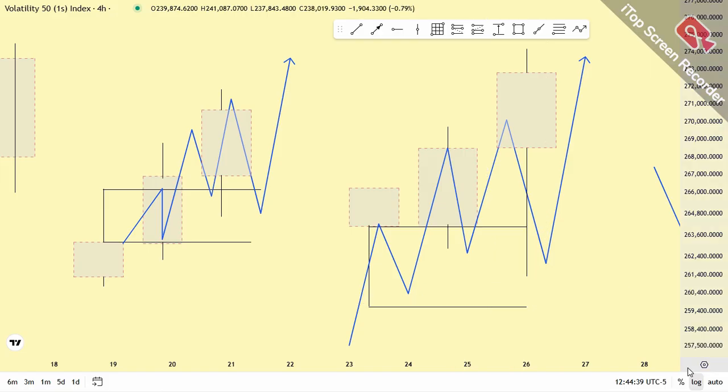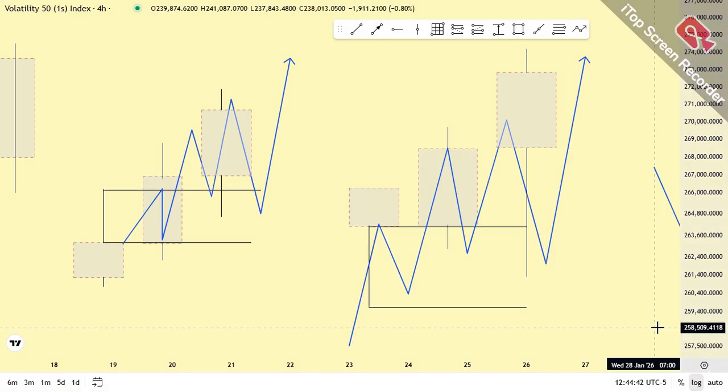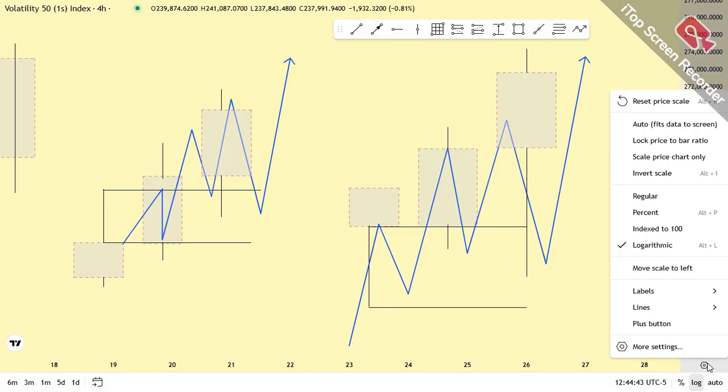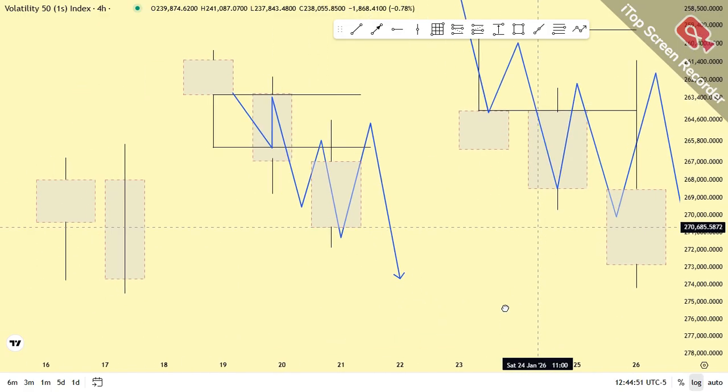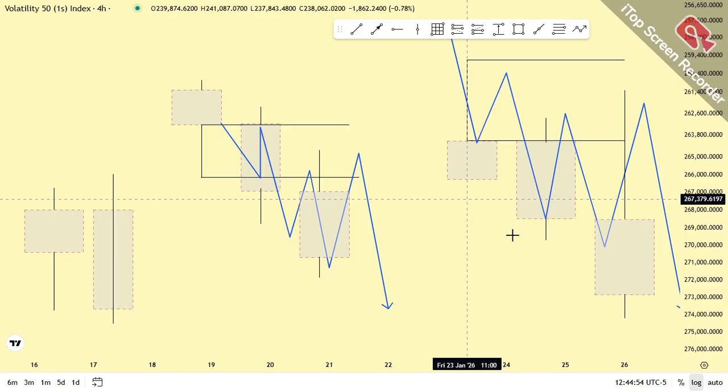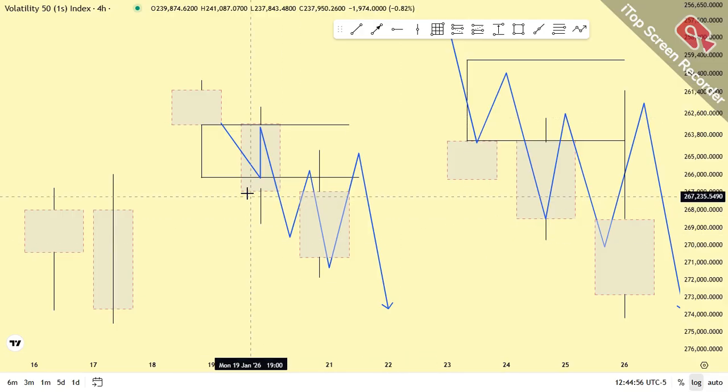If I invert this chart, come on chart, invert scale. So now this is the inversion, yeah.